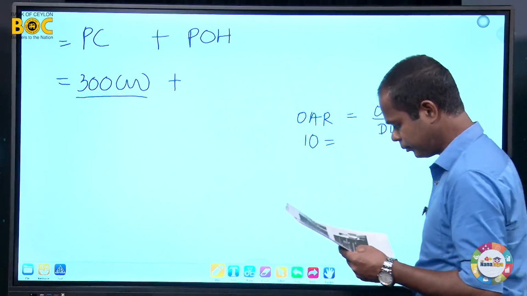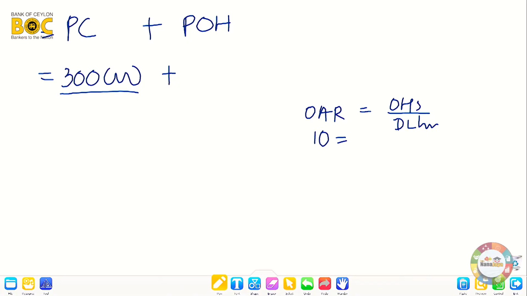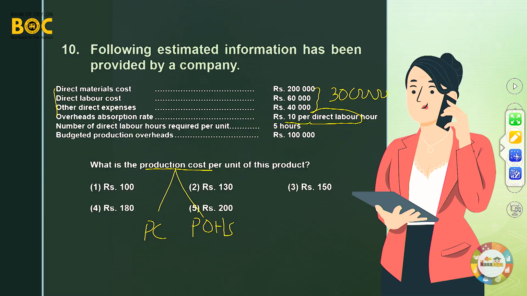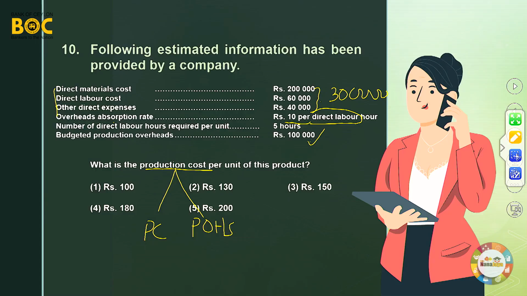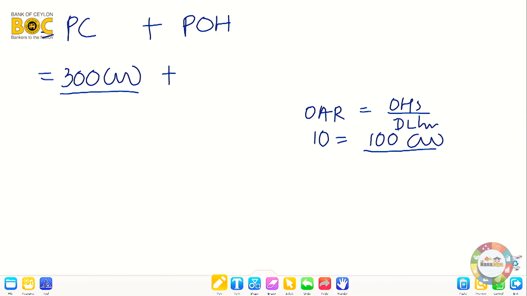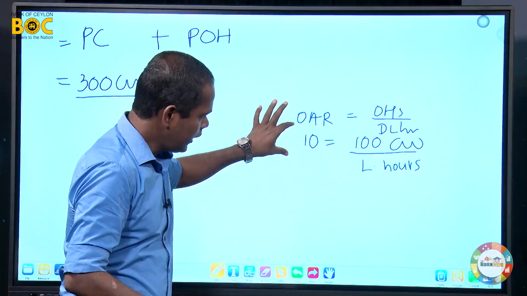Production overhead is given as 100,000 rupees. Then how many labor hours have you used?